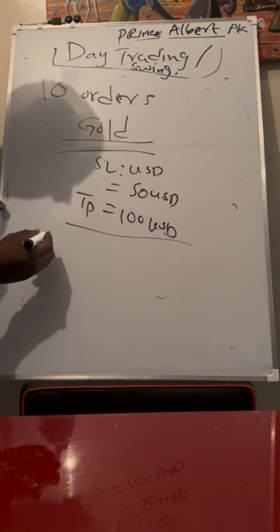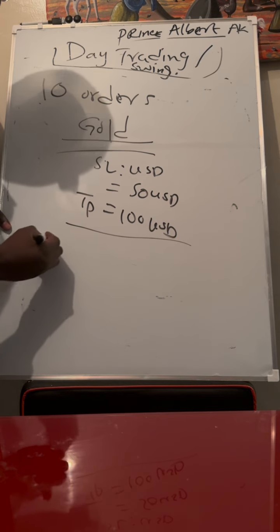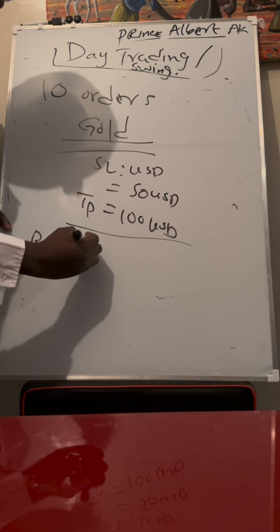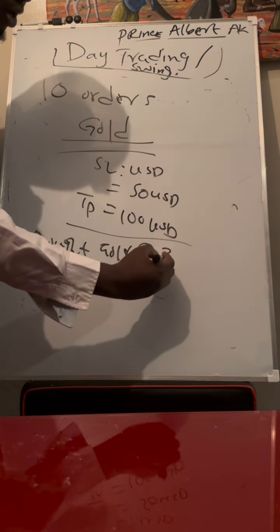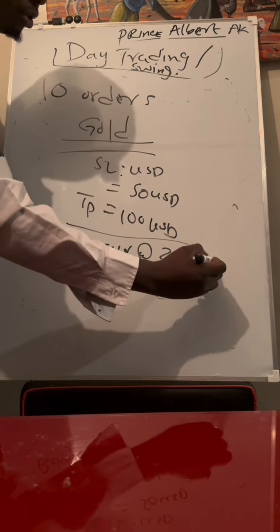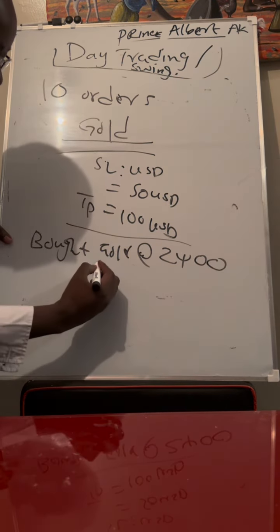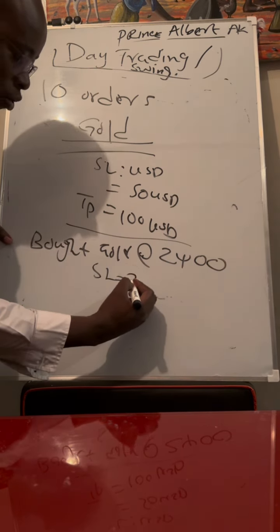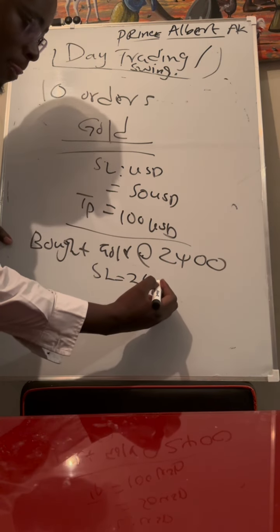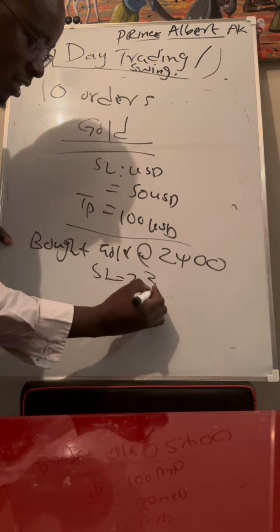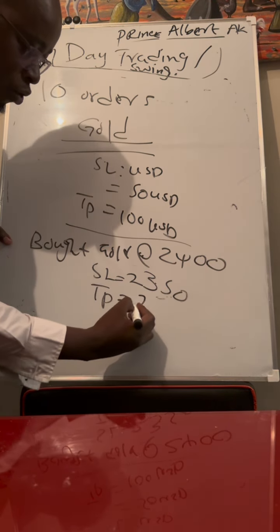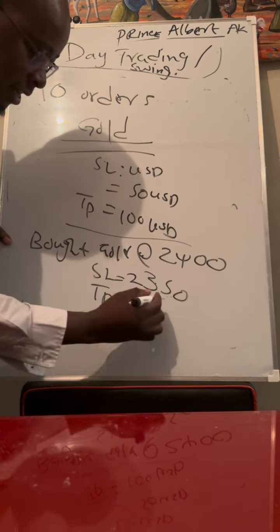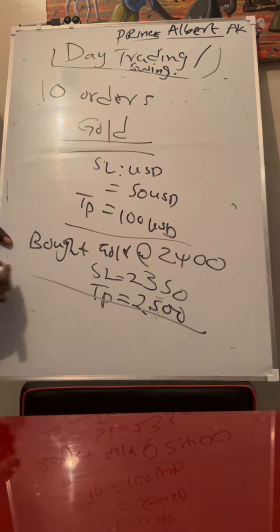So that means if you bought gold at 24.00, your stop loss should be 23.50, since it's a buy. Your TP should be 25.00, because gold is volatile.